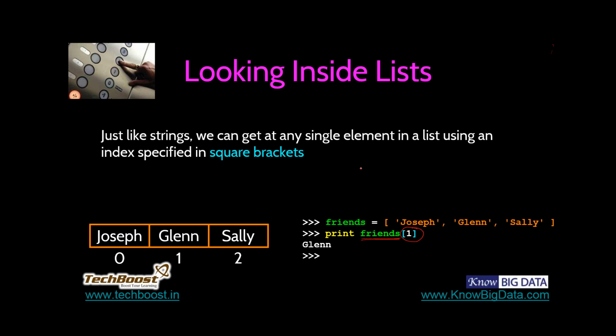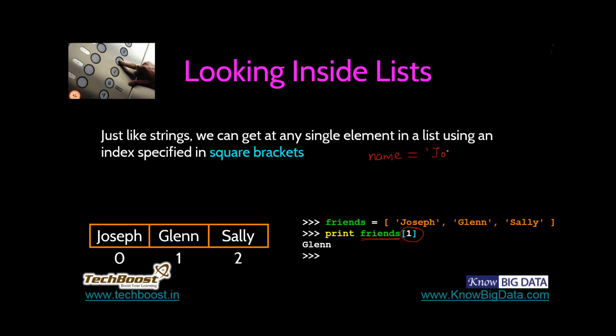So since lists also allow us to pick out one element from the list like strings, what did we do in the string to pick up a character? Indexing, isn't it? For example, I have a string called name, and I use the same name over here.